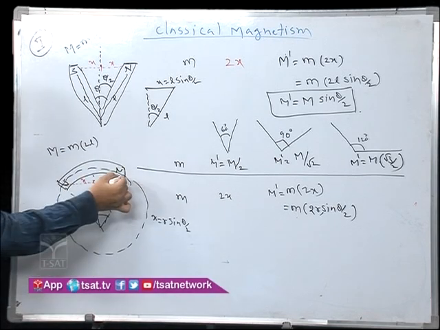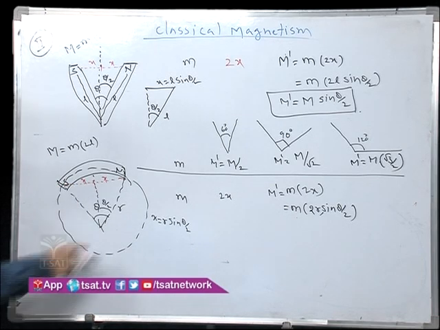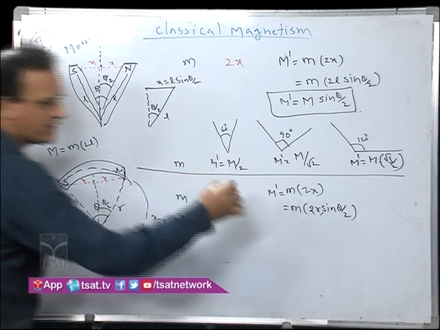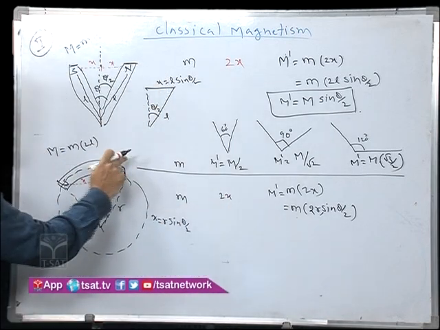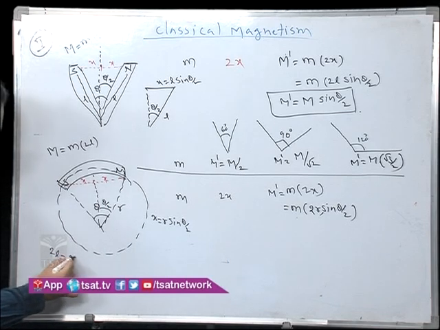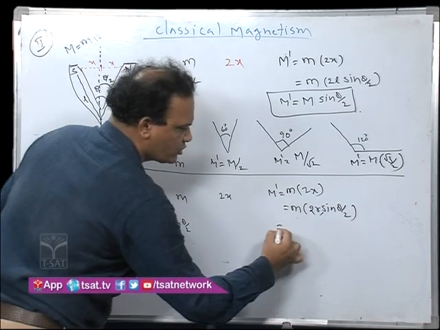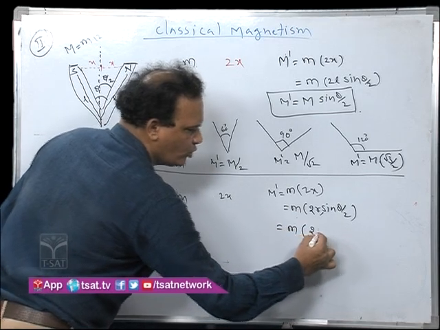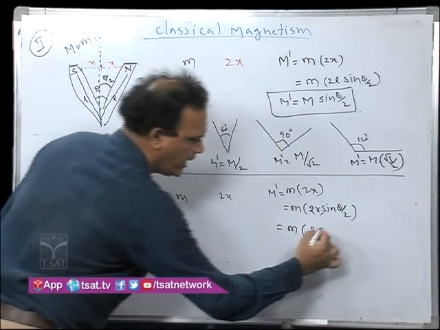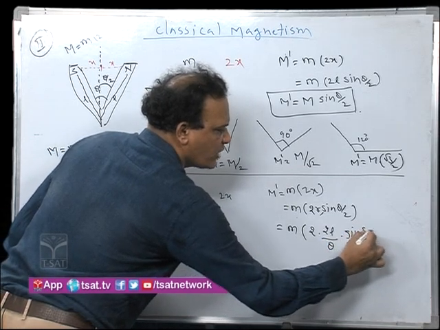Here r is the radius of the circle, and the length of the magnet is 2l. What is the relation between the length of the arc and the radius? Yes, the length of the arc is equal to r theta. So 2l is equal to r into theta, so here r is equal to 2l by theta. So it is m into 2, and instead of r you take 2l by theta into sin theta by 2.